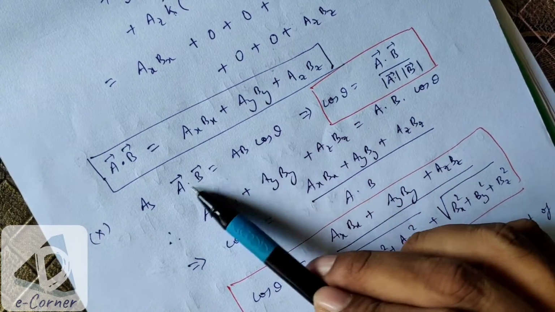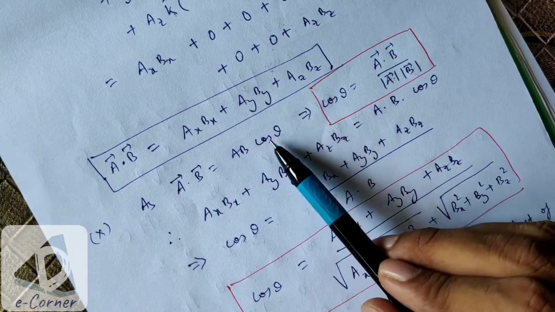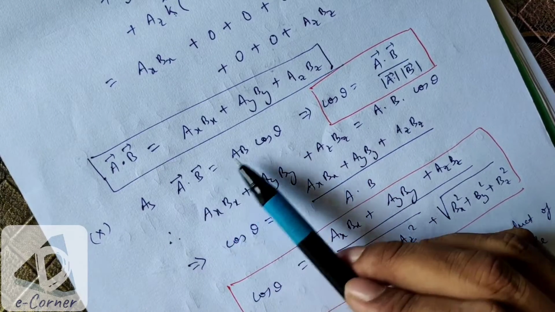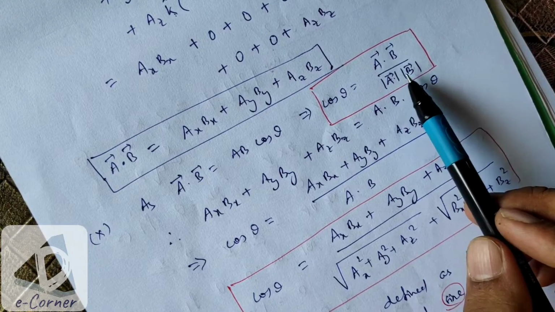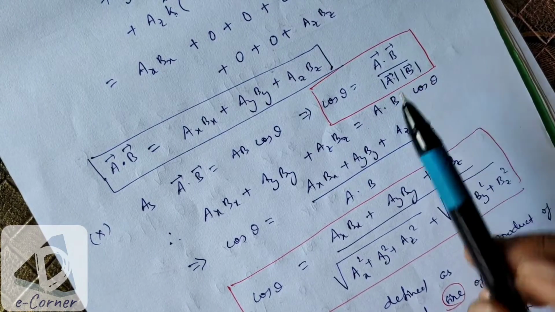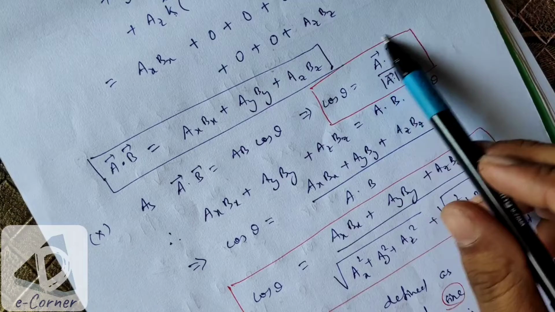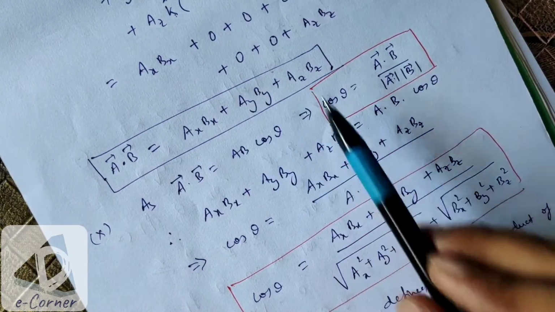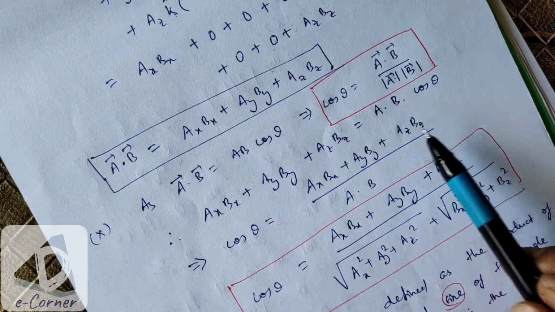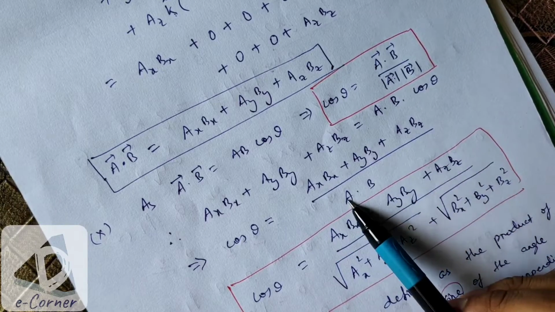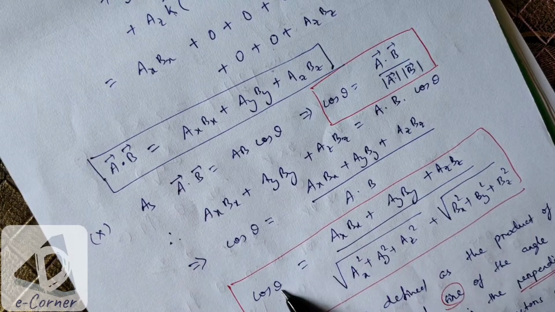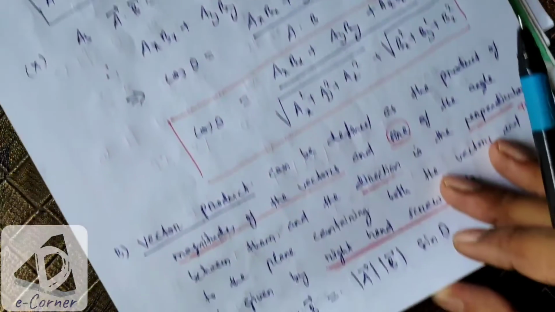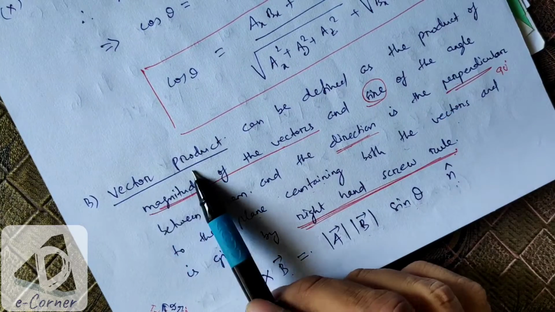Since A dot B equal to AB cos theta, cos theta can be written as A dot B by AB, that is, A dot B by mod of A into mod of B. Again we can write A dot B using this formula: Ax Bx plus Ay By plus Az Bz by mod A into mod B. So from this we can find the angle between two vectors.